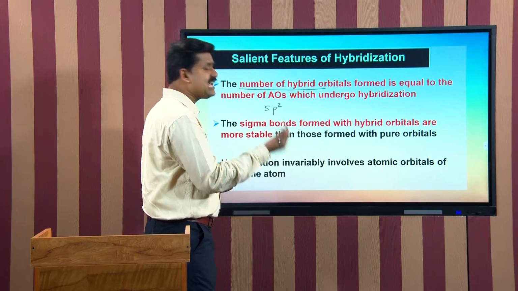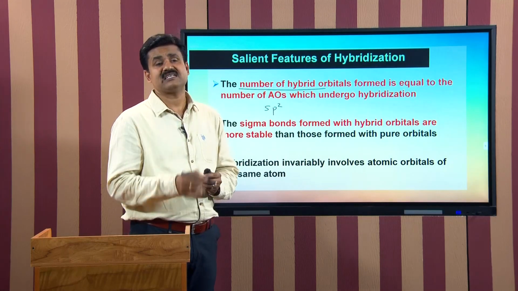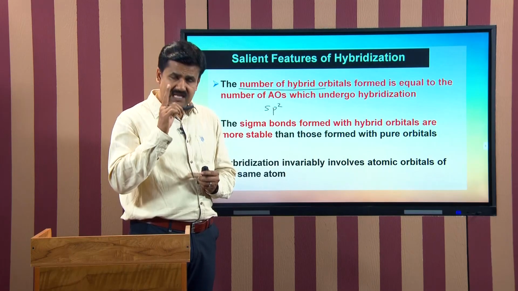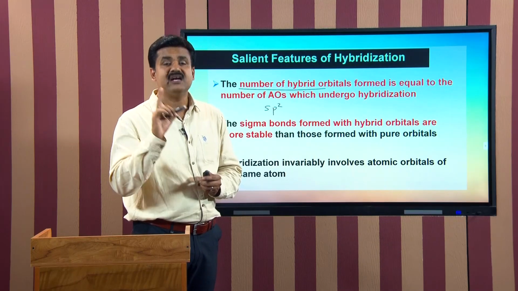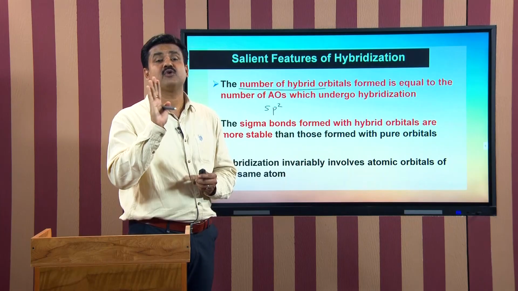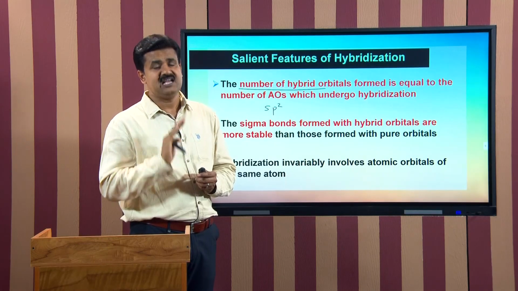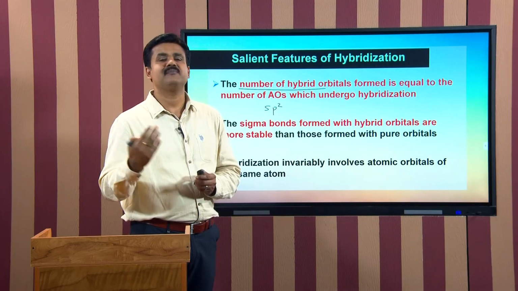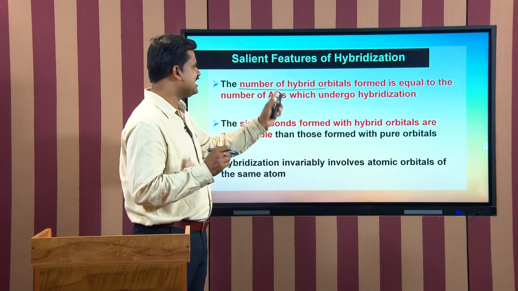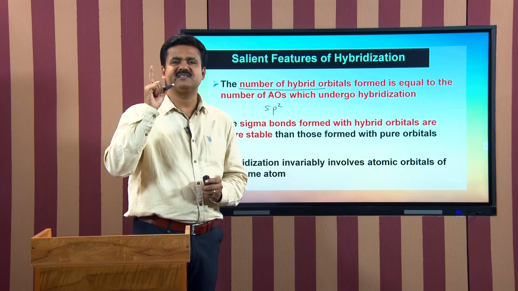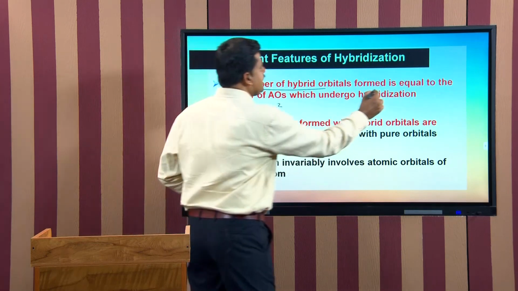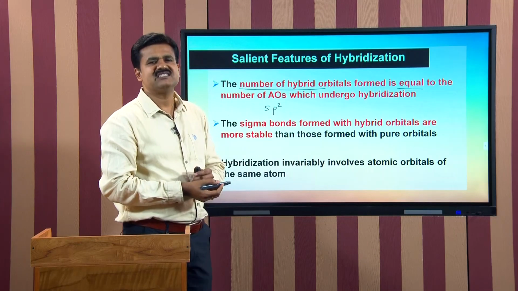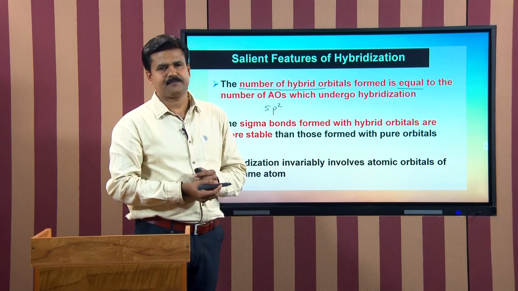In sp3d hybridization, 5 orbitals take part in hybridization. They are one s orbital, 3 p orbitals and 1 d orbital. As a result, we are getting 5 sp3d hybrid orbitals. So, the number of hybrid orbitals formed is equal to the number of atomic orbitals which undergo hybridization.